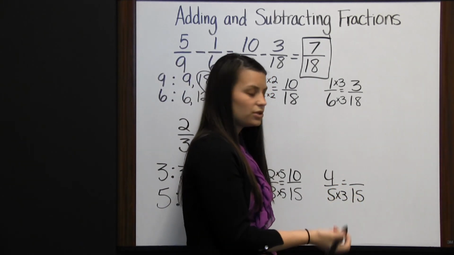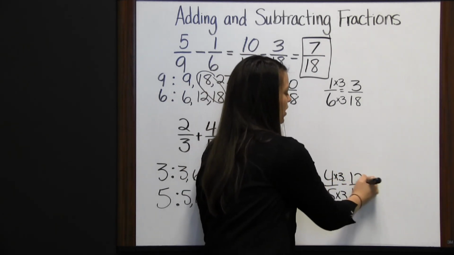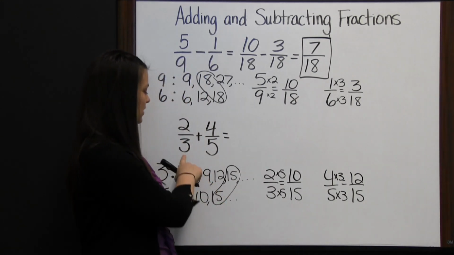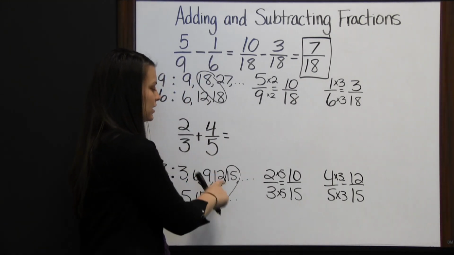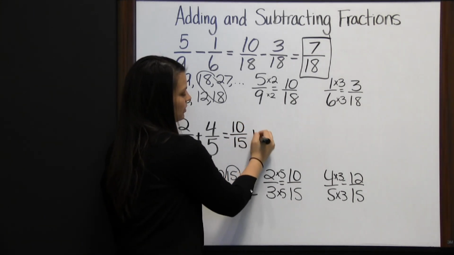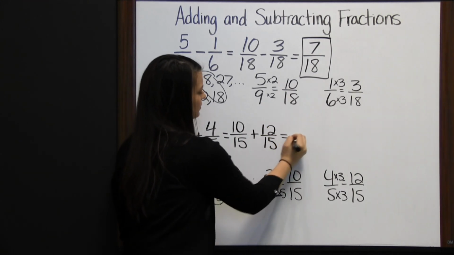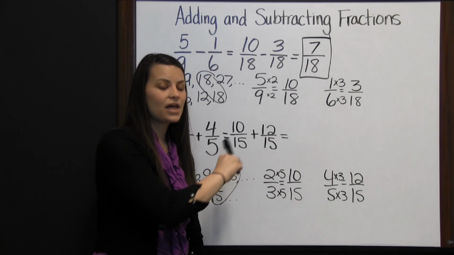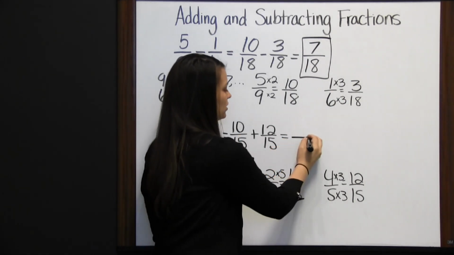So we do the same to our numerator. 4 times 3 is 12, which means that 2/3 plus 4/5 is the same as 10/15 plus 12/15. And again, we add the numerators and put that result over our denominator.